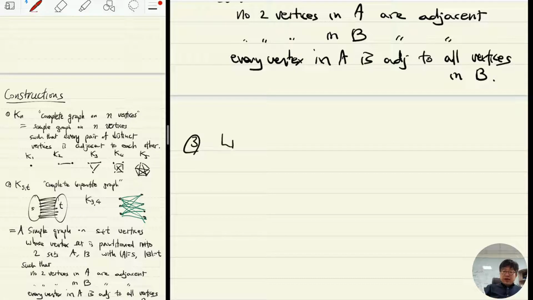And there's something called the line graphs. So let me say L(G).